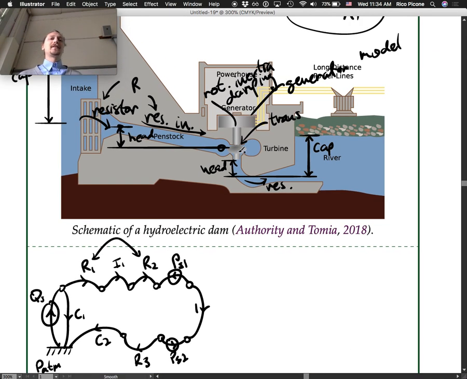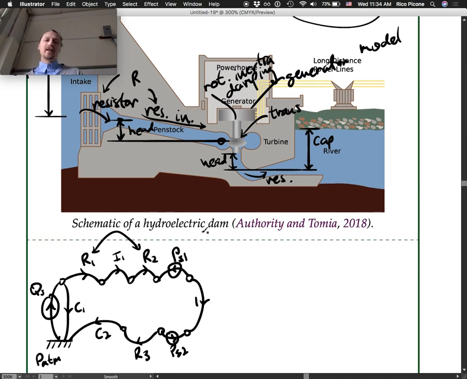But now we've got to do the transduction into this mechanical system. We're turning the turbine, and so we interact with the fluid side through this transducer. And the 2 side, on the mechanical side, you've got to think, okay, well, we're turning a shaft.